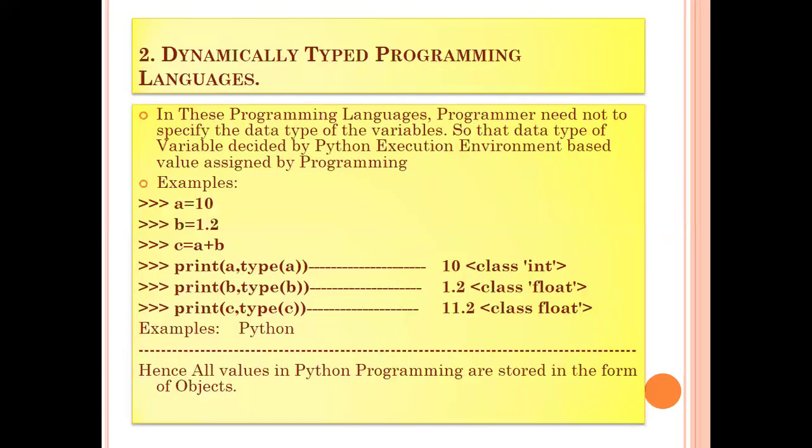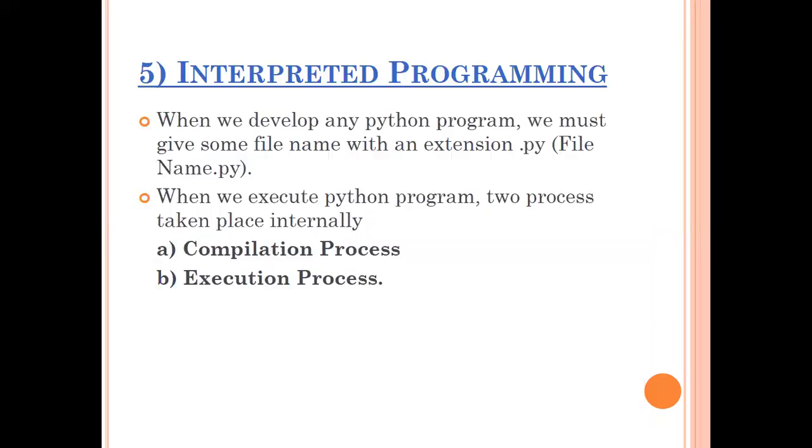But in Python, we need not define it. As soon as we write print type of A, we will come to know what type of variable or data it is. All the values in Python programs are stored in the form of objects.